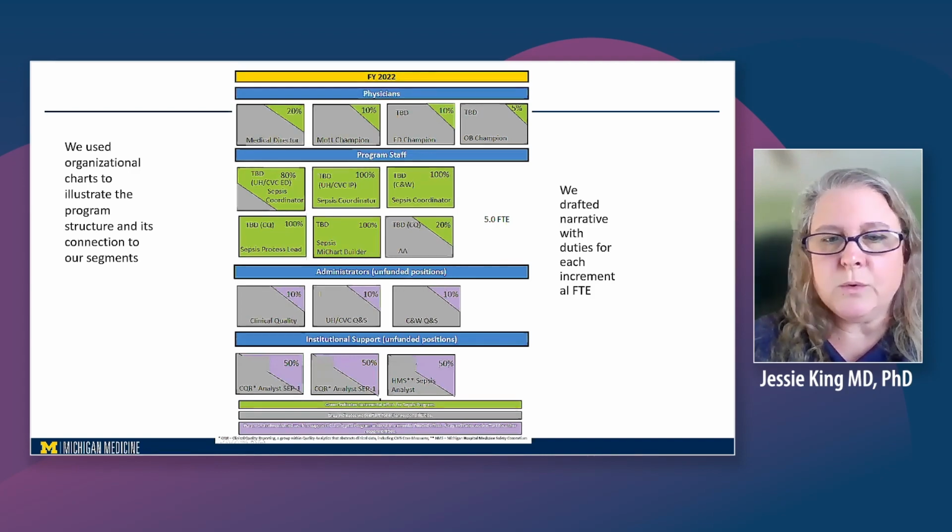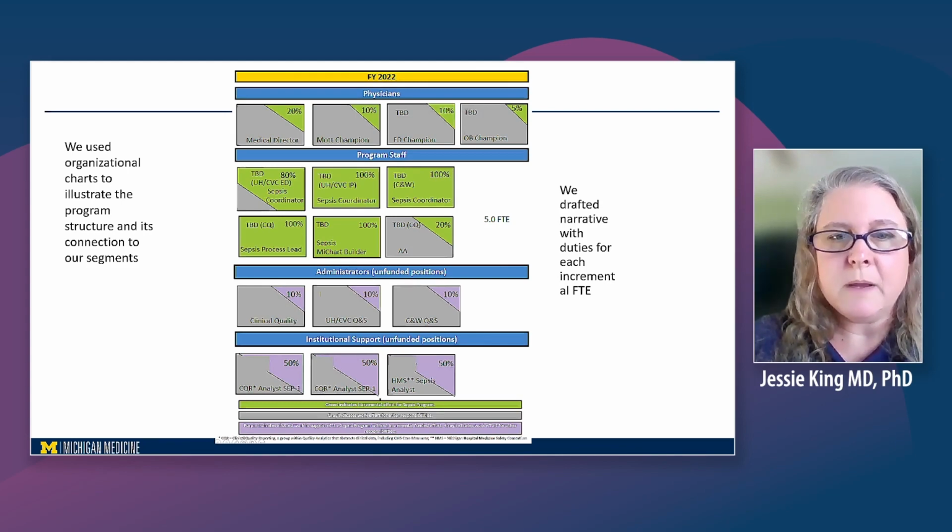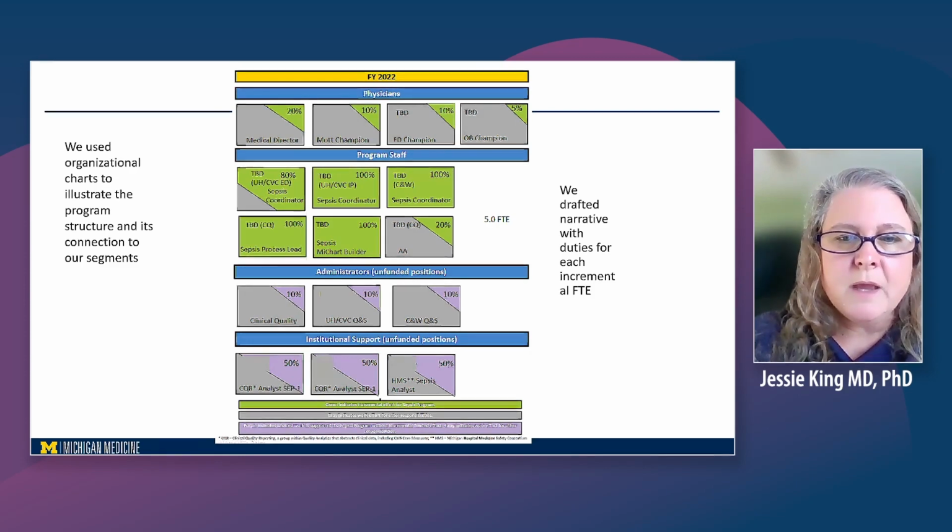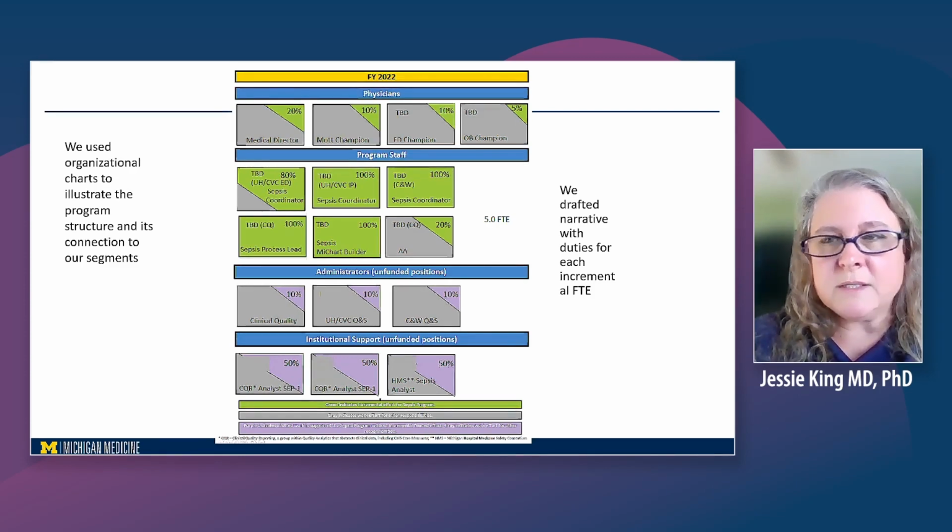We also included unfunded positions, positions that already existed within the hospital institution, and asked for a portion of their effort be dedicated to our sepsis program. So we have both the quality and safety officers for UHCVC, as well as the Women and Children's Hospital, with a portion of their effort to be focused, as well as a clinical quality administrator. And then what is also key is someone to help keep track of all this data.